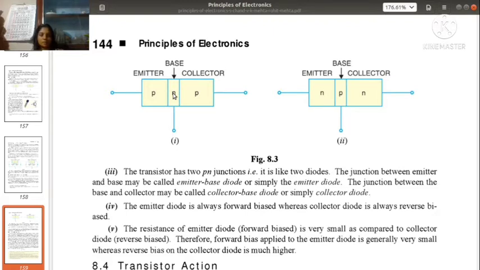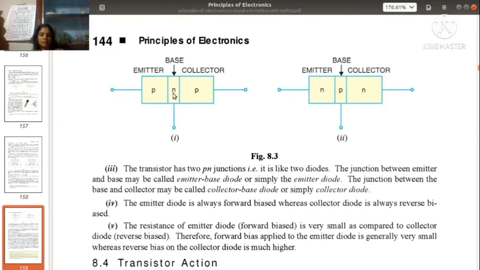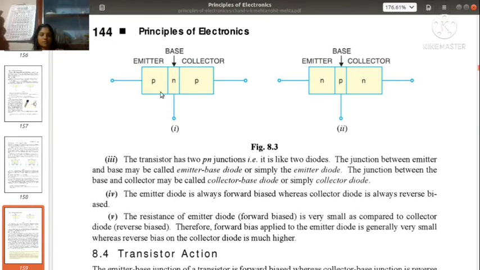Okay, so the doping concentration also differs as the area or width differs. And the third point, this transistor has two PN junctions, that is, it is like two diodes. The junction between emitter and base may be called emitter base diode or simply the emitter diode. The junction between the base and collector may be called collector base diode or simply collector diode.